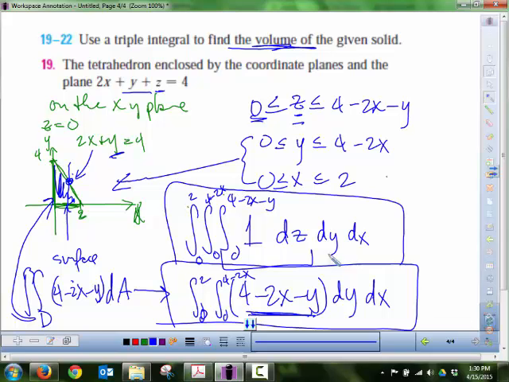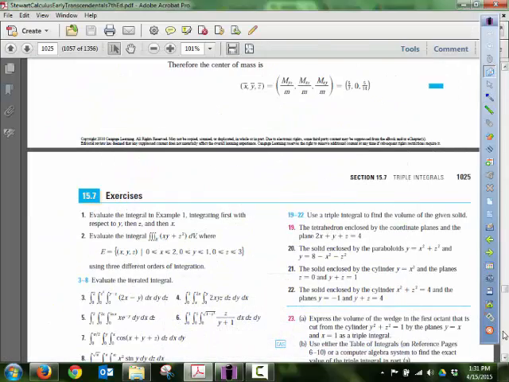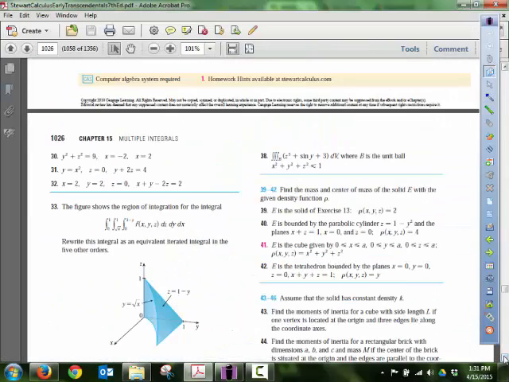Your figure is going to be like that, at least that's what I saw in your homework. It's going to be this thing.